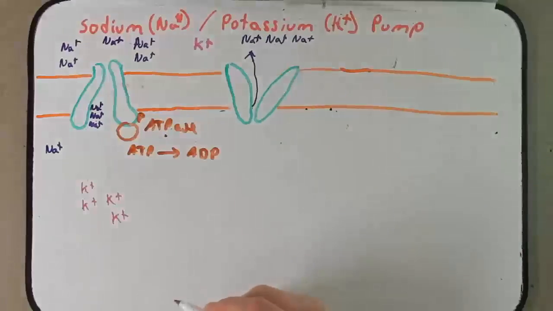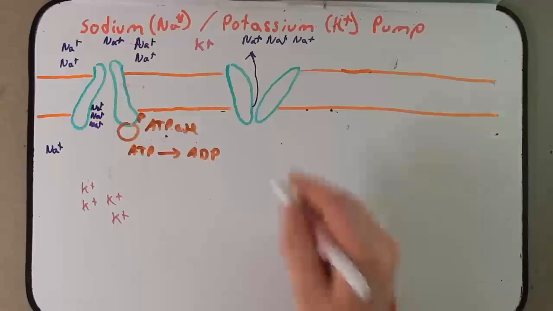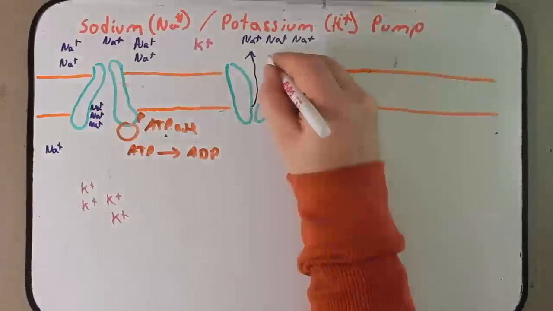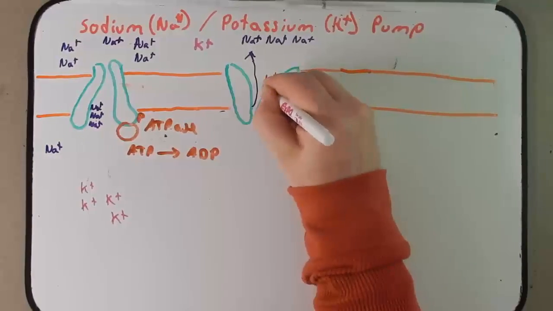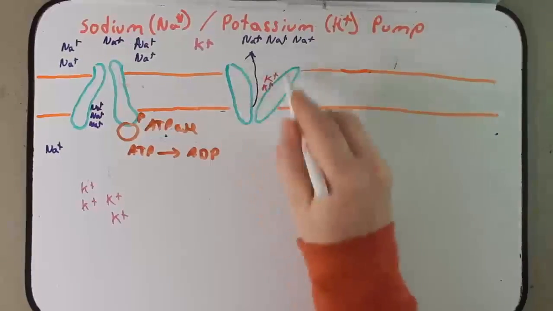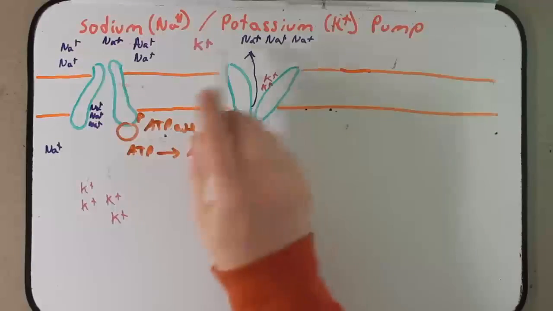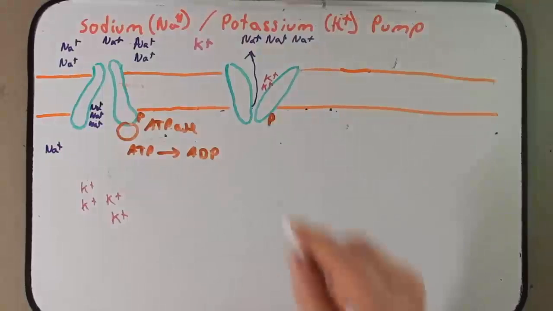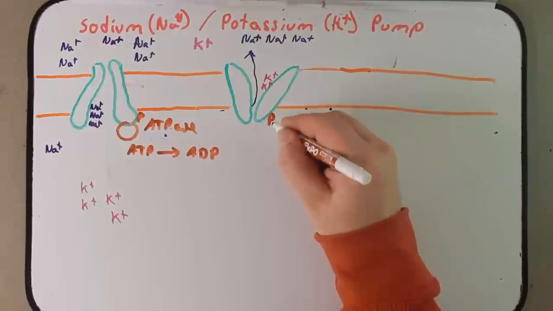greater concentrations here. At the same time, now that this channel has opened up, potassium can now diffuse into these carrier proteins of the potassium-sodium pump. Then what happens is this phosphate is removed.